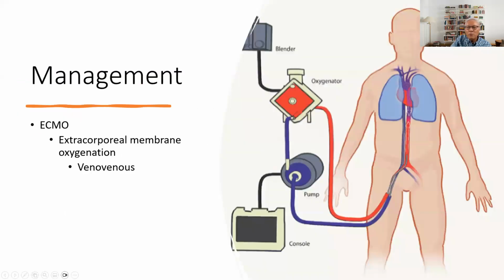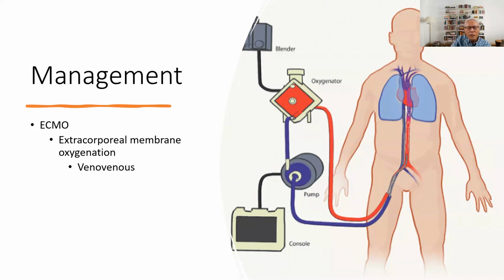Going back to management, the other way in which we could deal with patients who are severely compromised as a result of ARDS might be the use of extracorporeal membrane oxygenation, or ECMO. This has become increasingly accepted as a therapy for severe respiratory failure, not only as a result of this condition, but a variety of conditions, including ARDS.